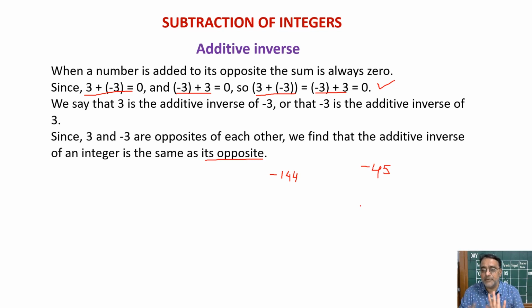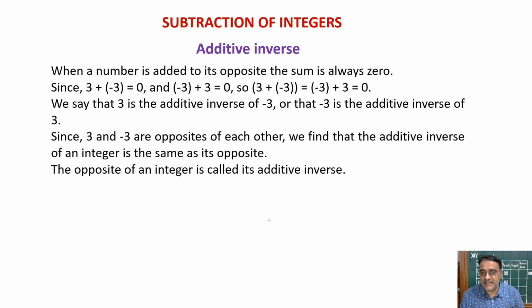Same number with opposite sign. Okay, you tell me what is the additive inverse of -10? +10, very good. What is the additive inverse of 12? -12, right. Okay, so the opposite of an integer is called its additive inverse.